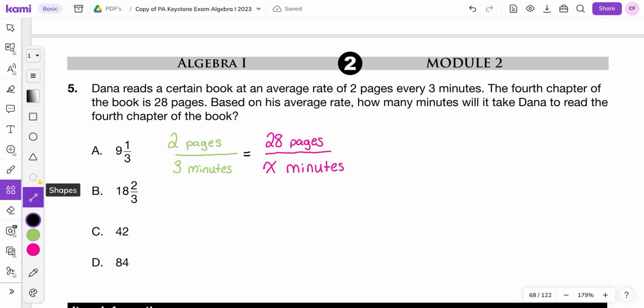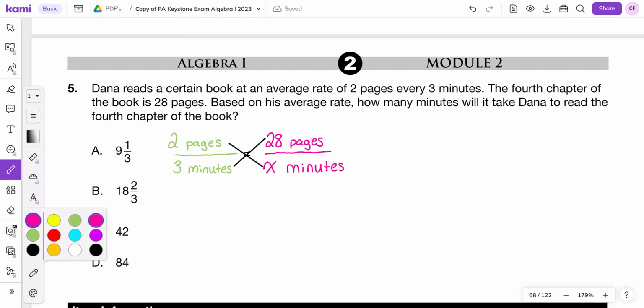Then we can do our cross product here, multiplying 2 times x and 3 times our 28. The first part, let's do the 2 times x, that way the variable is on the left side. 2 times x is the same thing as 2x.